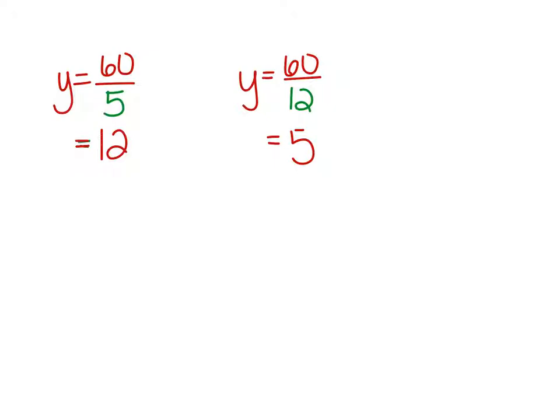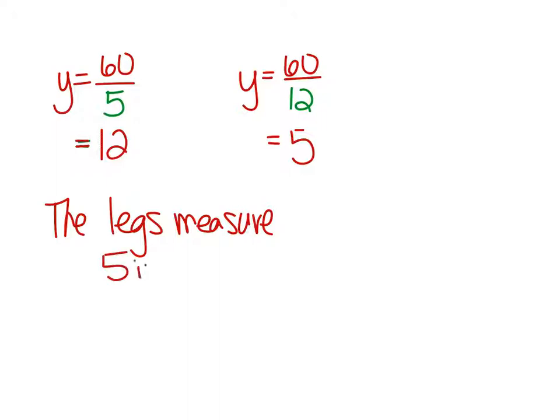So our legs would actually be, in either case, 12 and 5. Five inches and 12 inches. And that concludes this section.